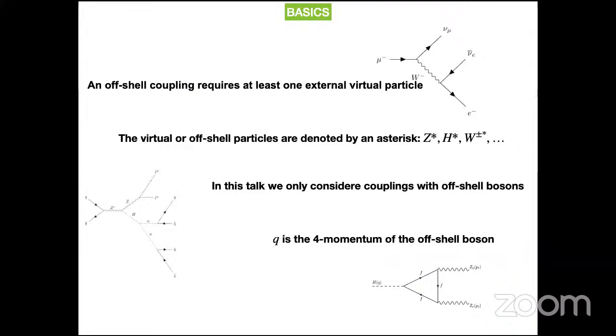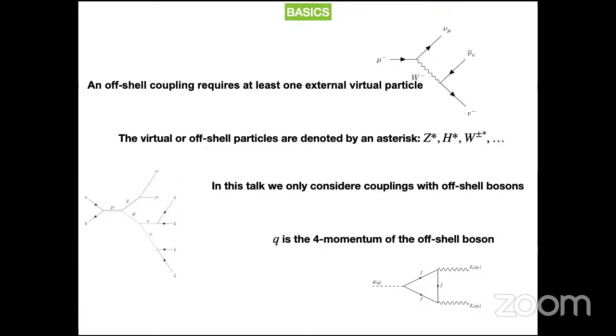I would like to introduce some terms that we will use in this talk. First, what we understand by an offshell coupling: for this kind of coupling, we require at least one external virtual particle. This virtual particle is normally denoted by an asterisk. For example, here I show an offshell Z boson, an offshell Higgs boson and an offshell W gauge boson, right?